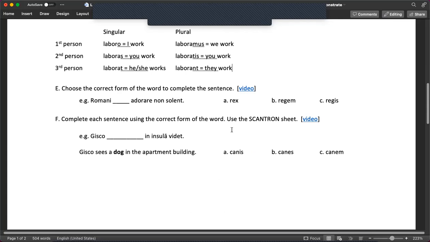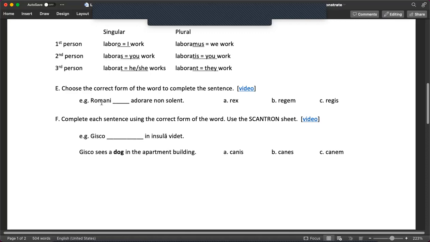Parts E and F are going to ask you to select the correct form of a noun. And in order to do this correctly, you should watch the video, although I am going to explain how to figure out the answer right now. You're going to have a Latin sentence. This one says Romani, and then we're missing a word. Adorare non solent. So let's break this down.